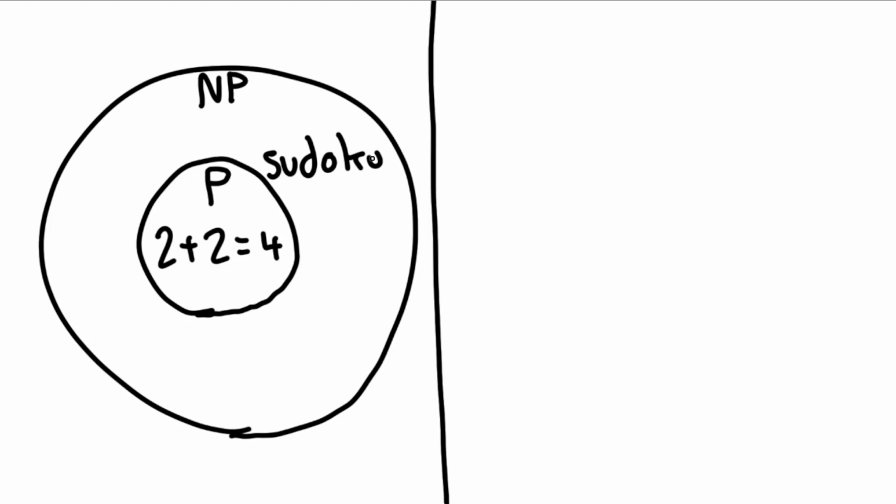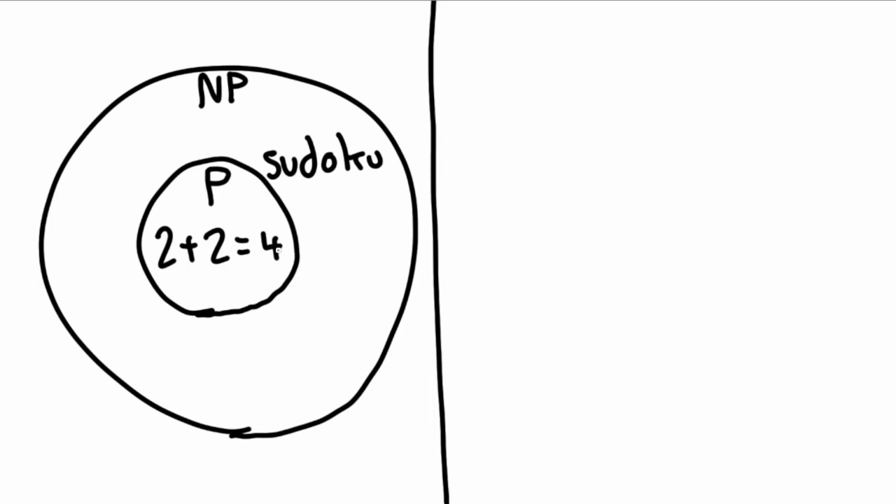In this drawing, a P problem is also an NP problem because it's inside the NP circle, which is why 2 plus 2 equals 4 is in both.